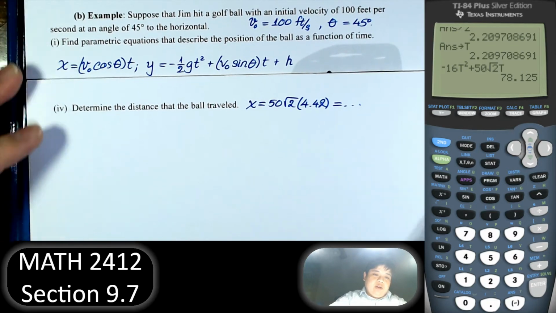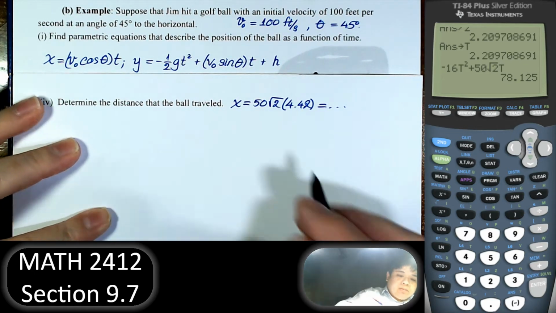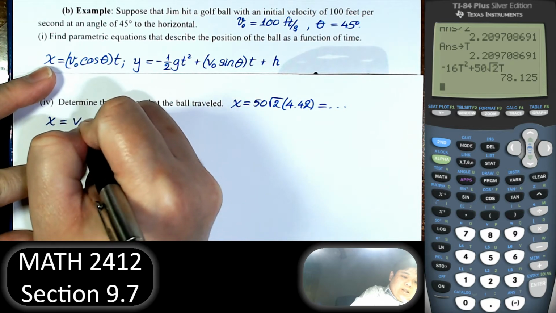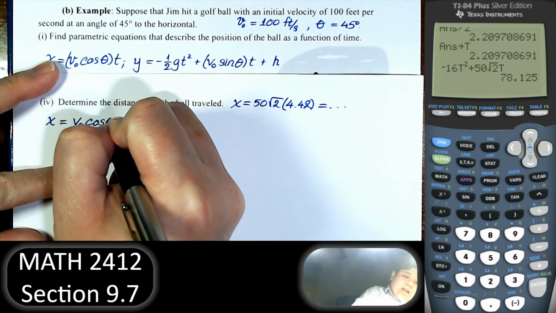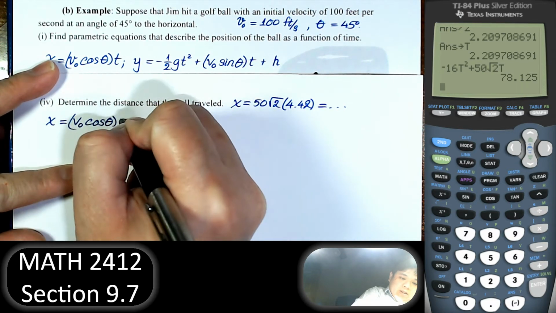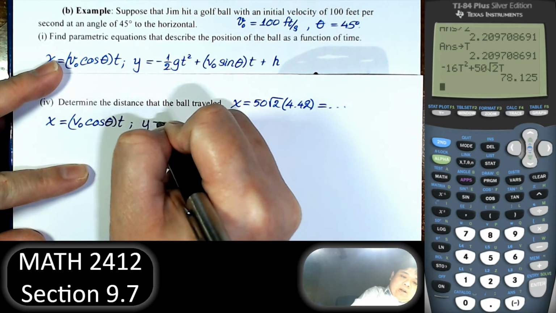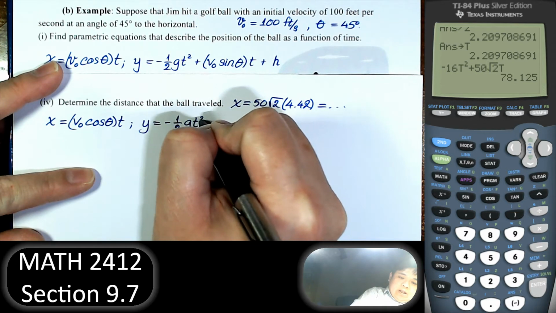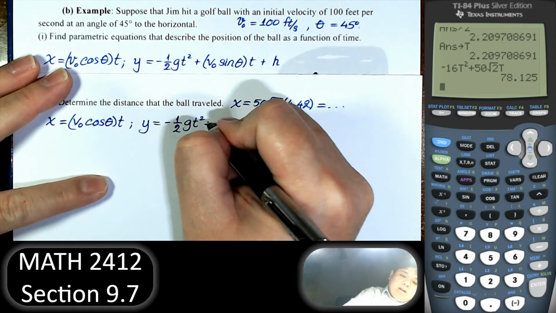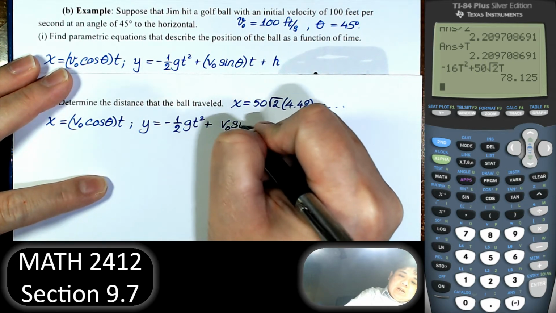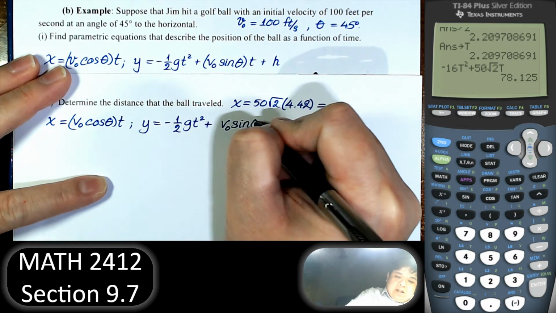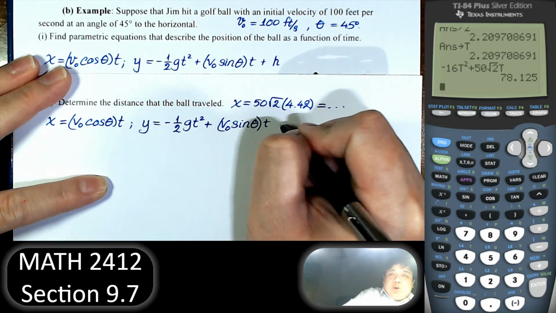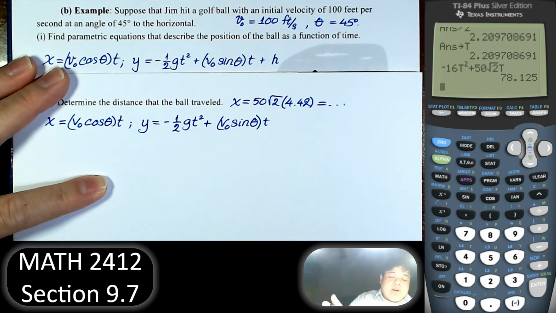So let's look at the equation this way. x equals v naught cosine theta t, y equals negative 1/2 g t squared plus v naught sine theta t. I will let h equal 0, assuming it hits the ground.